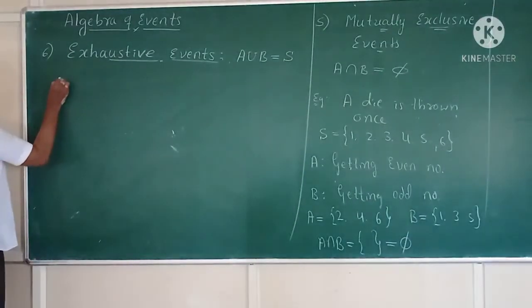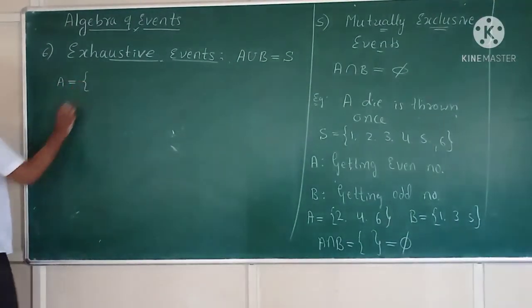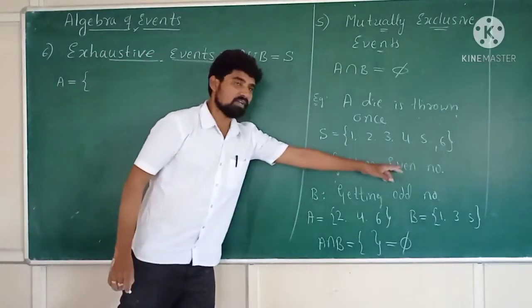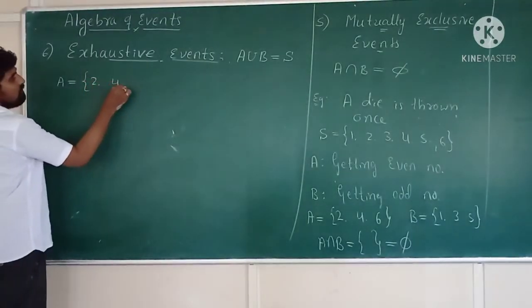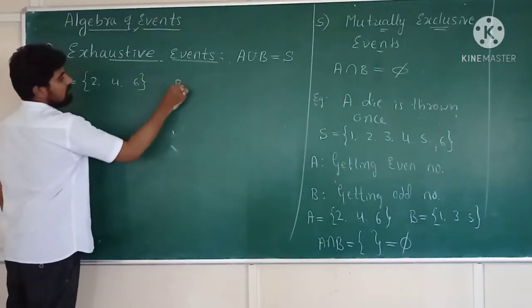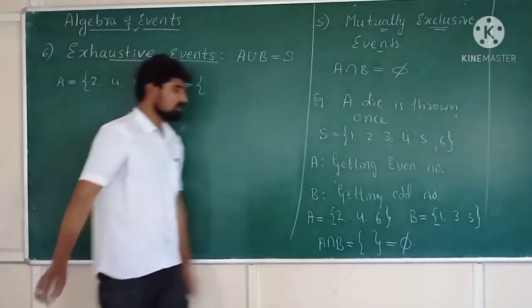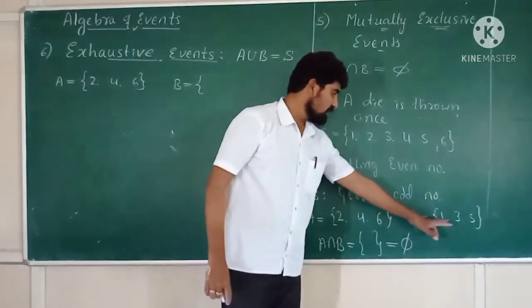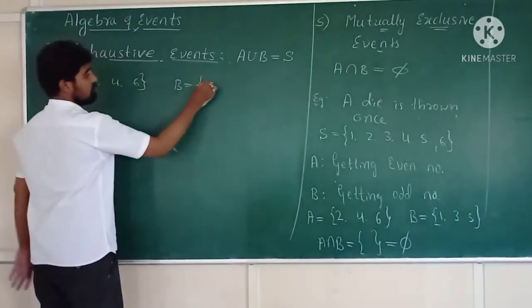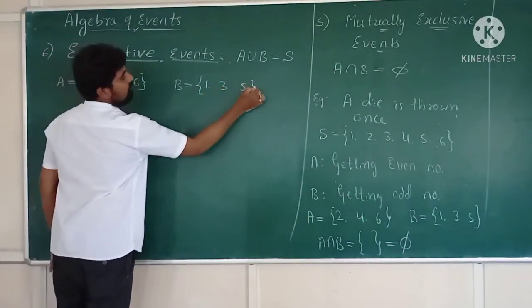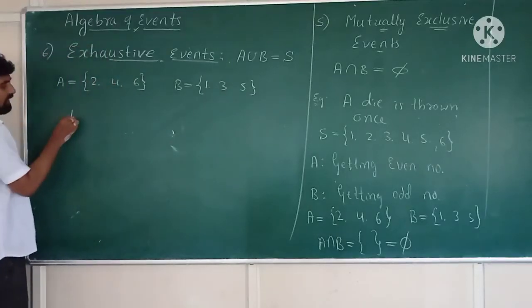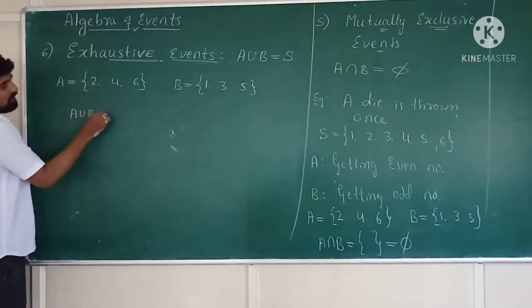So event A, getting an even number, means 2, 4, 6. And the event B consists of the odd numbers, that is 1, 3, 5. So what is A union B here?